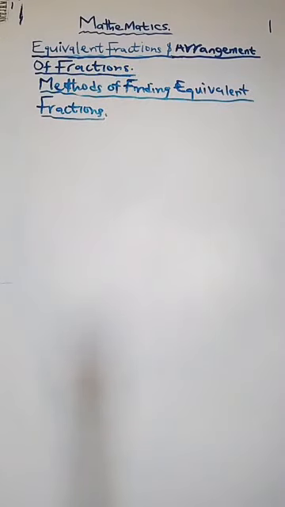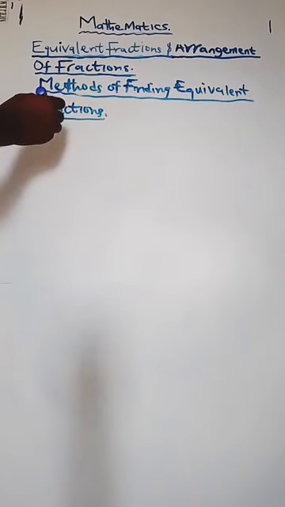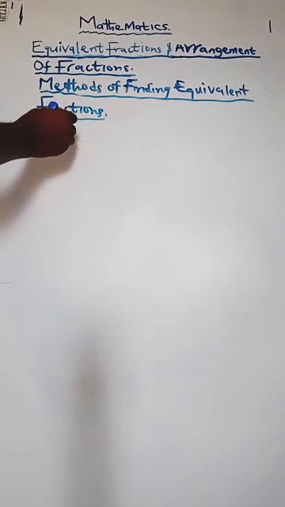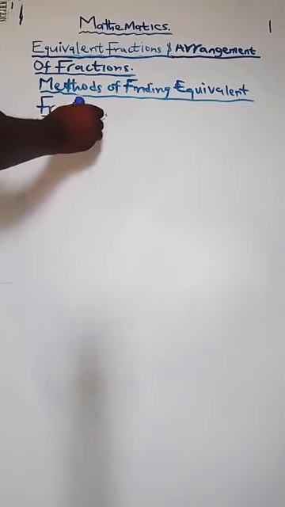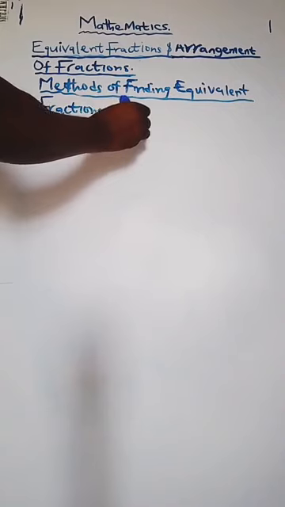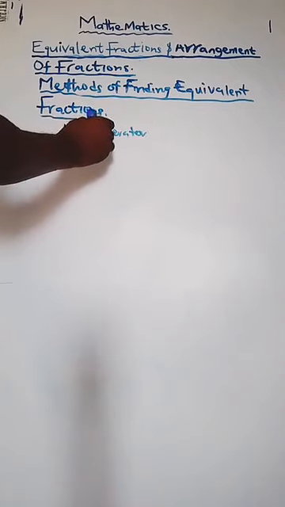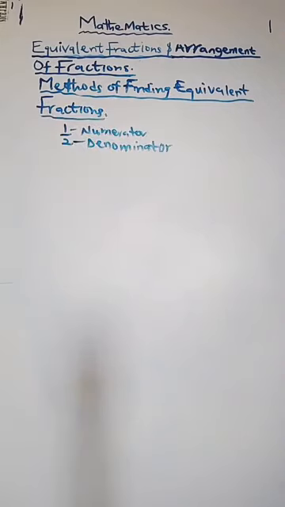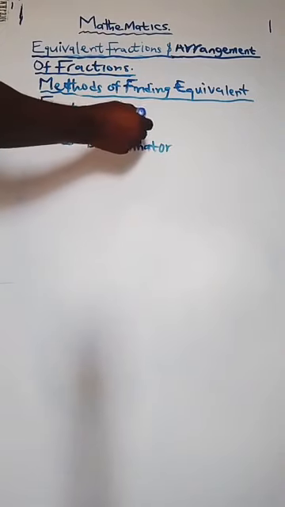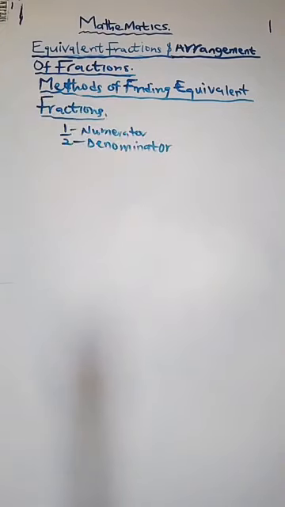Like we explained in one of our previous videos, fractions are numbers that have numerators and denominators. For example, 1 over 2, this is the numerator and this is the denominator. Take note of this. The number written above is the numerator, the number written below is the denominator.